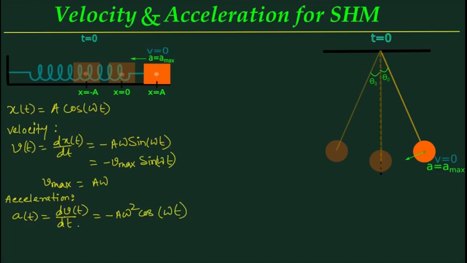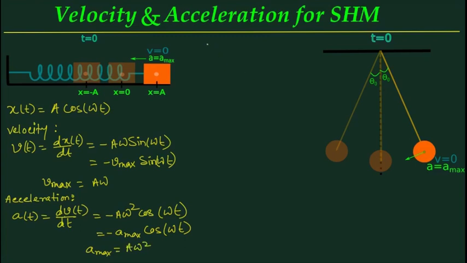So this can be written as minus a max times cosine of omega t, where a max equal to capital A times omega square.